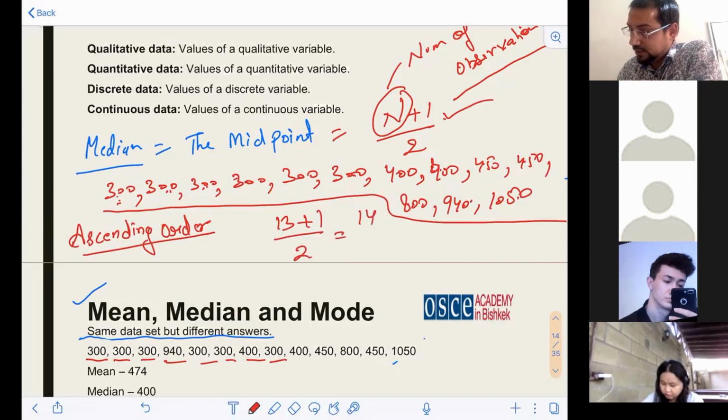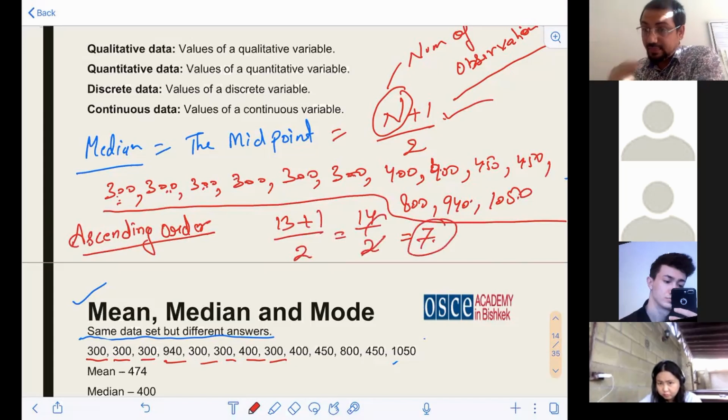So it is 14 divided by 2. It is actually 7. So the 7th in ranking would be our median. So 1, 2, 3, 4, 5, 6, 7. So 400 is actually our median. So 400 is the midpoint.